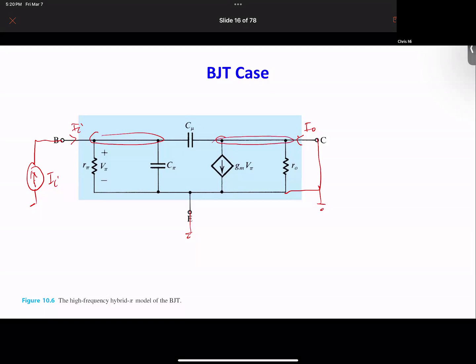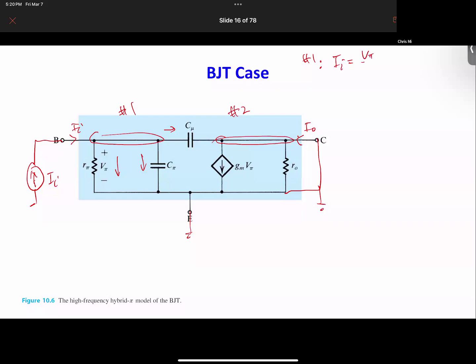Okay. So for node 1, we have current II coming in. Then we have three currents coming out. We actually have to assume some sort of voltage, V pi.